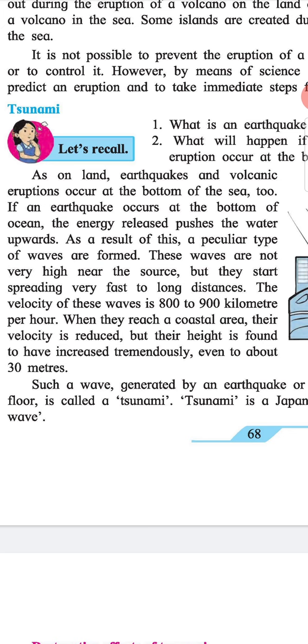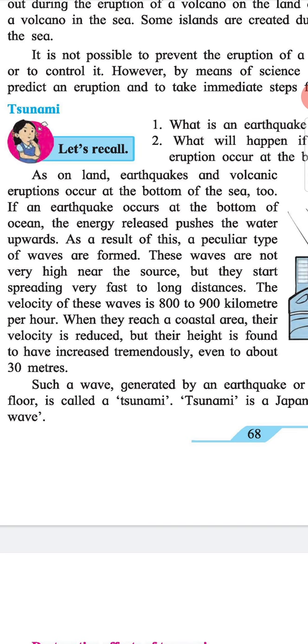If an earthquake occurs at the bottom of the ocean, the energy released pushes the water upwards. As a result, a peculiar type of waves are formed. These waves are not very high near the source, but they start spreading very fast to long distances. The velocity of these waves is 800 to 900 km per hour.